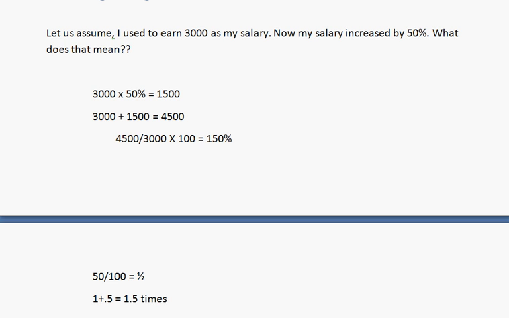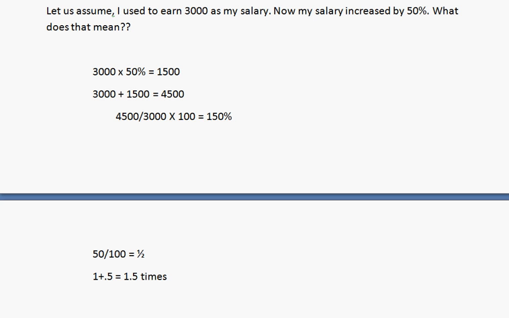So my new salary becomes 1, which was the initial portion, and now another half has been added to it, so it becomes 1.5 times. My initial salary was 3000. Now it has become 1.5 times of 3000, which means it has become 4500. So this is what we mean by percentage increase.